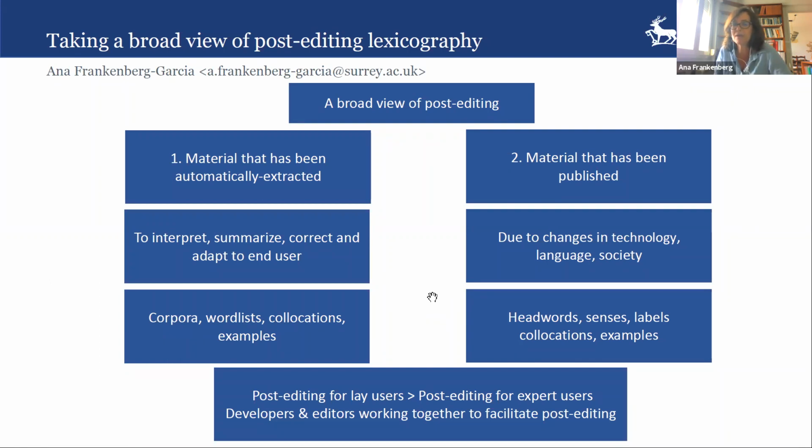There you have new labels that need to be added to show that something is now considered offensive, and also how you need to modify definitions, examples, and so on. For example, marriage: you can't have a legal connection between man and woman. It now has to be between two persons because of same-sex marriage. So I give lots of examples in my presentation.